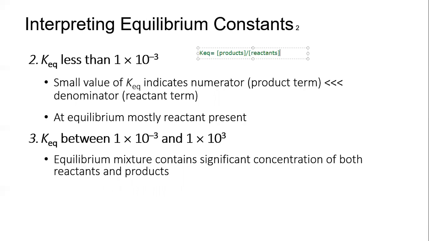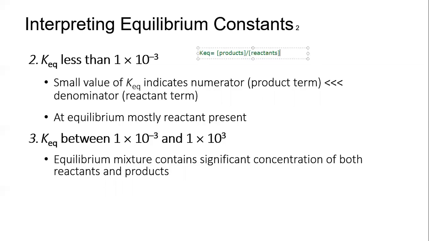Now, if it's roughly between 10 to the negative 3 and 10 to the third, we kind of say that the reactants and products are relatively the same amount of concentration. But for example, if it's 10 to the negative 1, 10 to the negative 2, 10 to the negative 3, we would say reactants are slightly more favored than products.